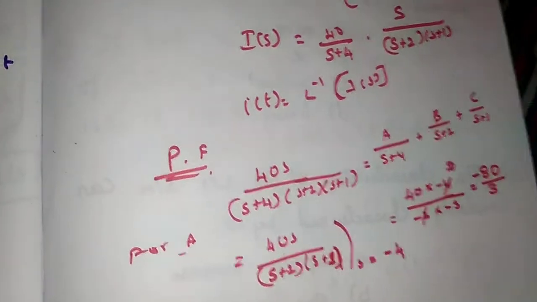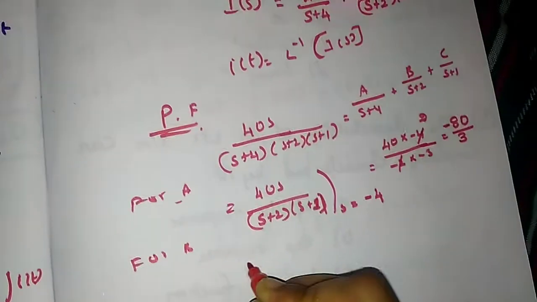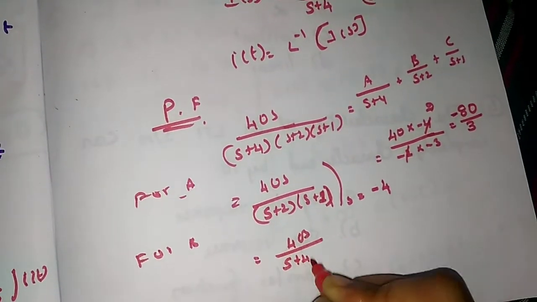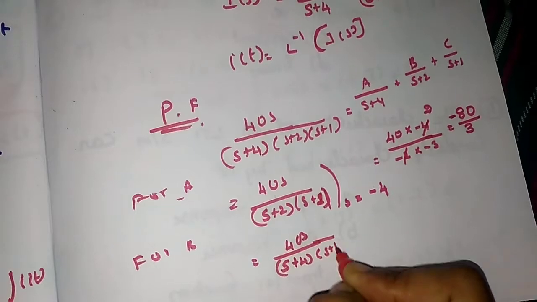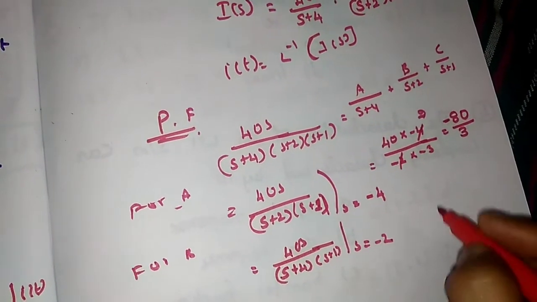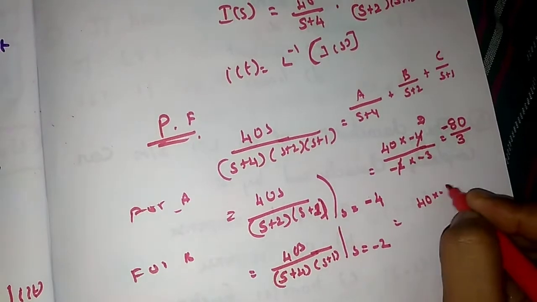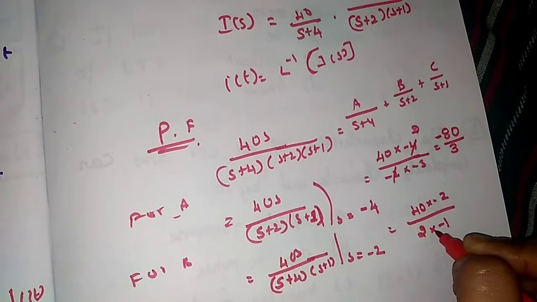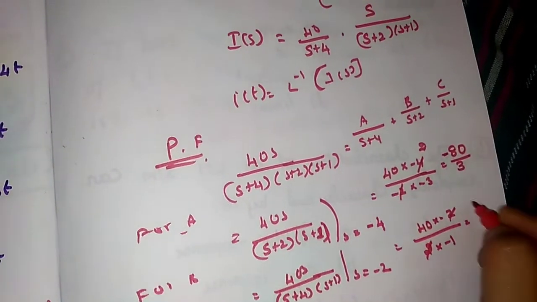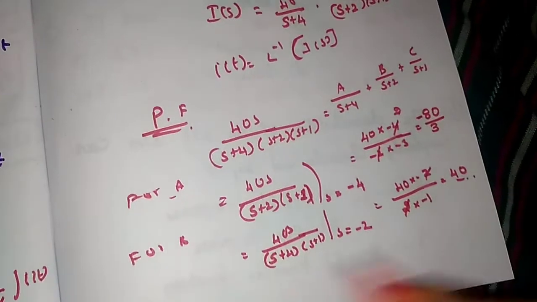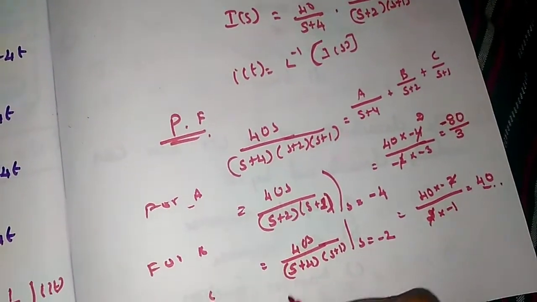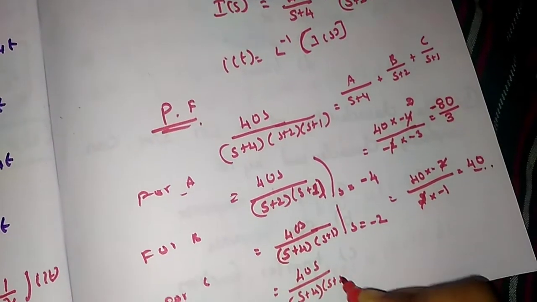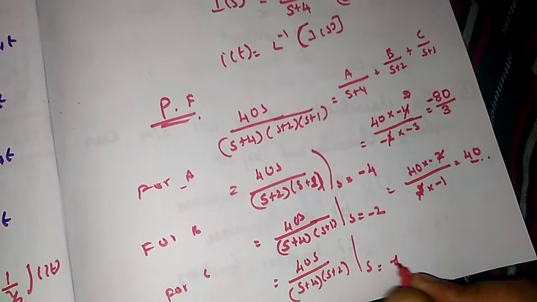Similarly for B, we have 40s divided by (s plus 4)(s plus 1) at s equal to minus 2. So we will get 40 into minus 2 divided by 2 into minus 1. So we will get 40. Then for C, we have 40s divided by (s plus 4)(s plus 2) at s equal to minus 1.